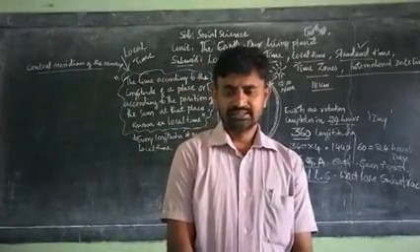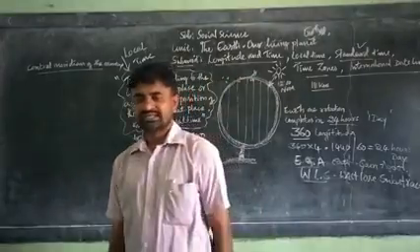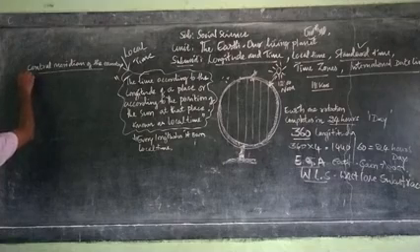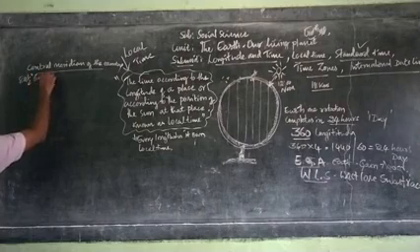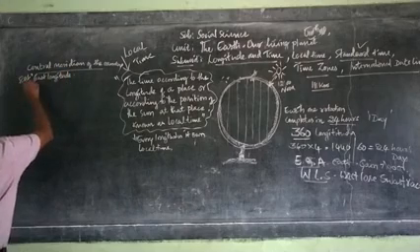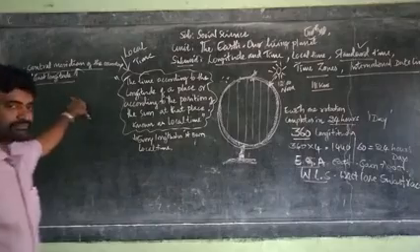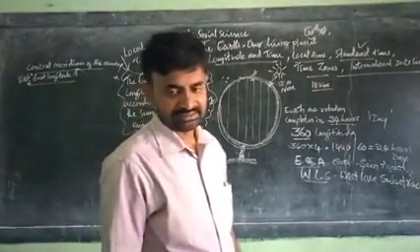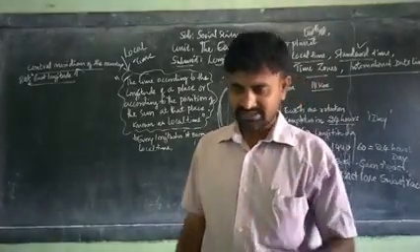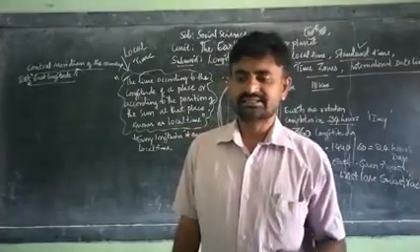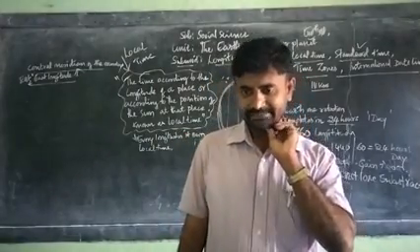In India, 82.5 degree east longitude is considered as the standard meridian of the country.